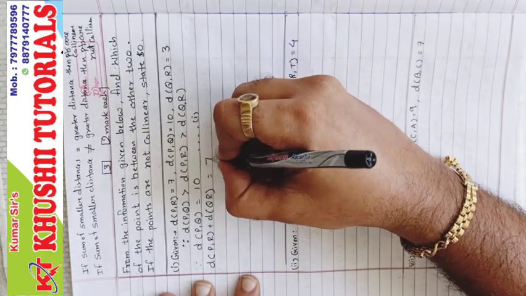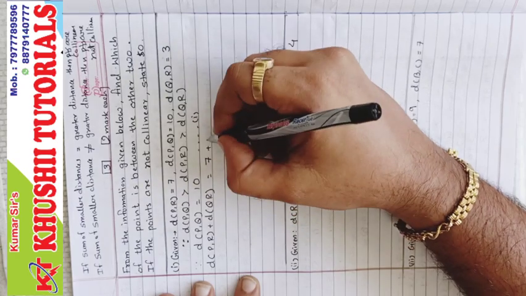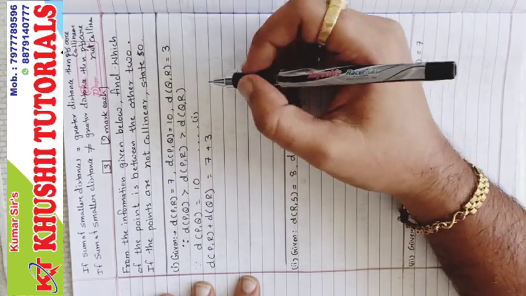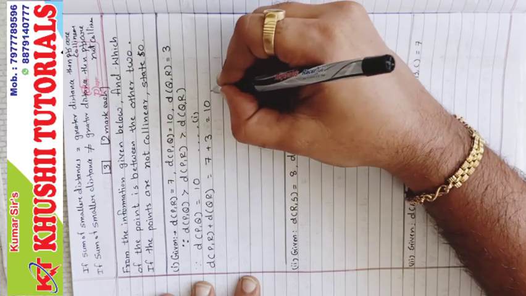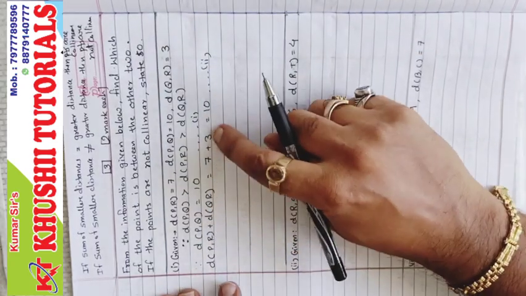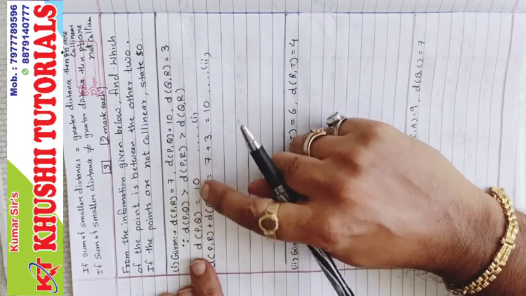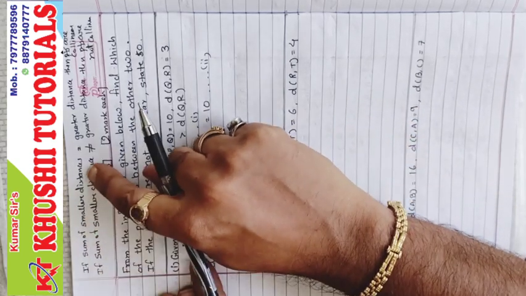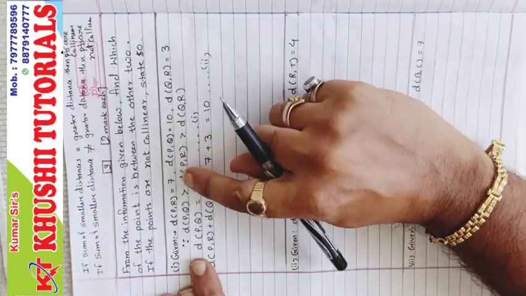PR is 7 and QR is 3, equal to 10. Mark it 2. See, the sum of the smaller distances is equal to the greater distance. Both are coming 10, 10.